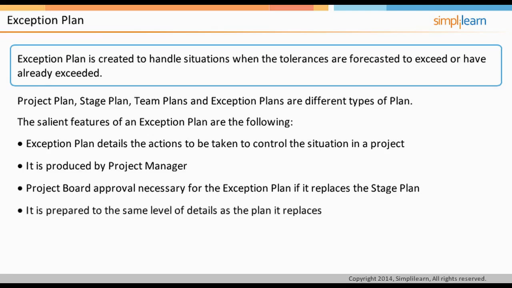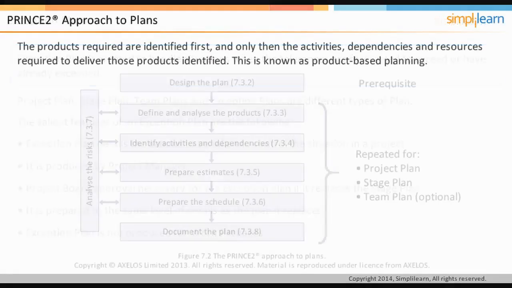It is prepared with the same level of details as the plan it replaces. The exception plans are not produced for work packages. If a team manager forecasts that the assigned work package may exceed tolerances, they will notify the project manager by raising an issue. Let us learn about the PRINCE2 approach to the plans in the following screen.